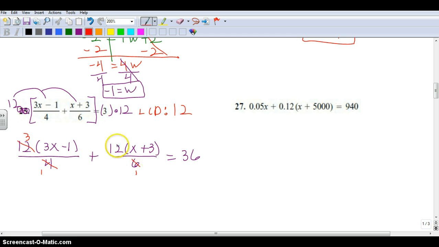The 6 to a 1 and the 12 to a 2. So really there's no more fractions after this, so let me just rewrite this, and then I think I'm going to move to the next problem. So plus 2 times x plus 3 equals 36. And then, like I said, this is similar to problems we've already done. You distribute the 3, you distribute the 2, and solve for x. You really shouldn't have any problems.